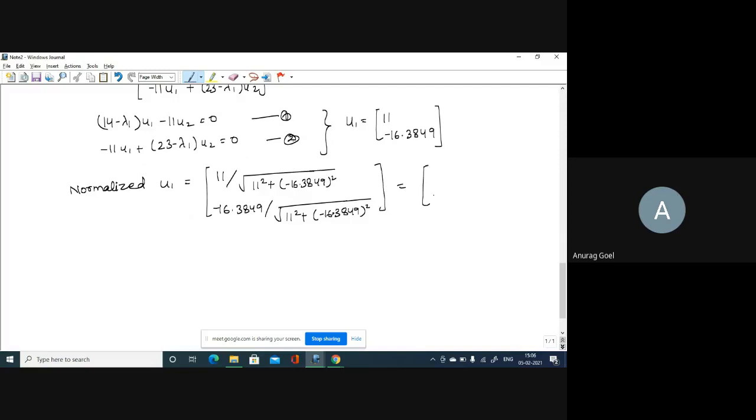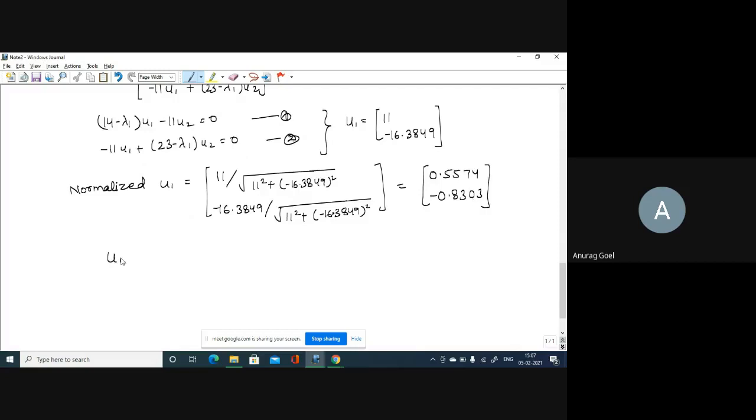This would give you 0.5574 and minus 0.8303. In a similar fashion, you can get the normalized u2 vector.